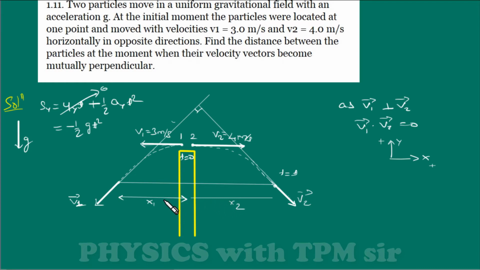There is also the relative motion concept that we can apply; I will discuss that later as a revision of relative motion. Now let's find the v1 and v2 vectors, and first find the time at which this is happening. This is going to be very easy now.